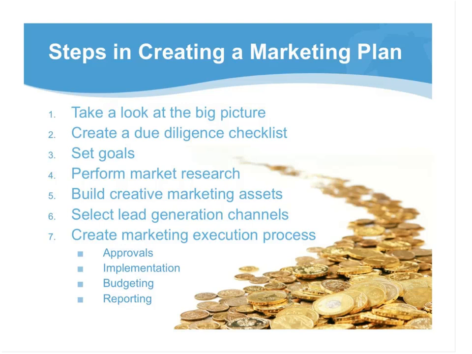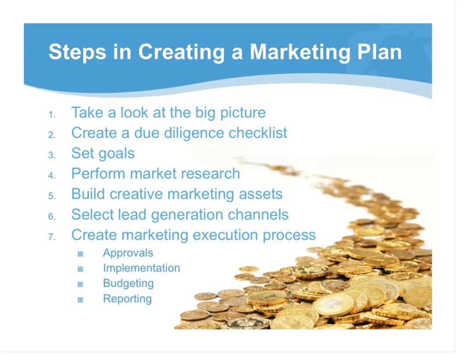Third, we recommend setting clear and concise and measurable goals. Fourth, the most common question that I get when meeting with schools about their marketing efforts is, which program should we offer? So it's critical that you create a product development strategy which includes performing robust marketing research. And fifth, make a list and begin building out creative marketing assets that you will need while executing on your campaigns. Sixth, select lead gen channels.